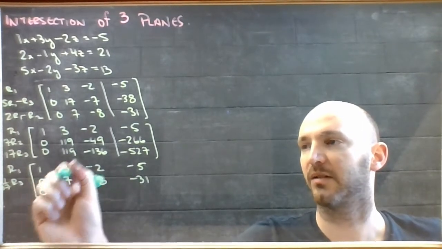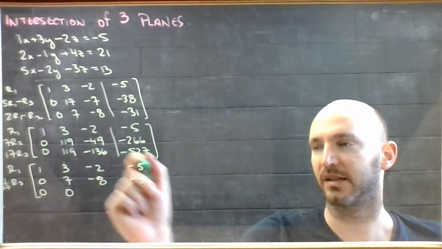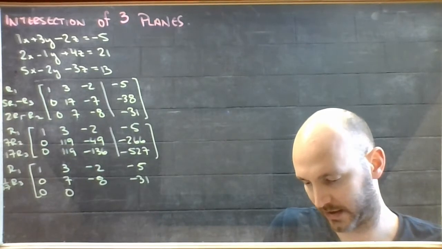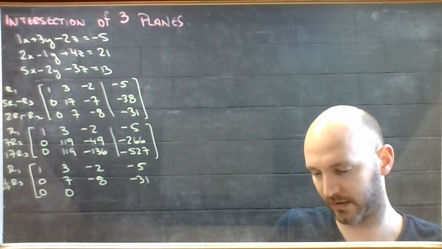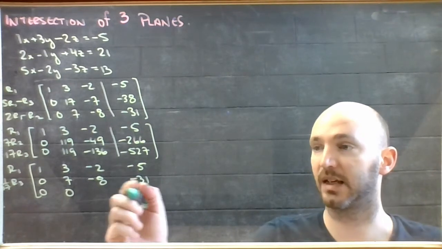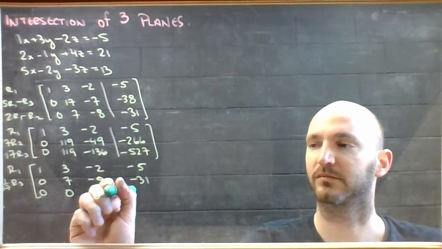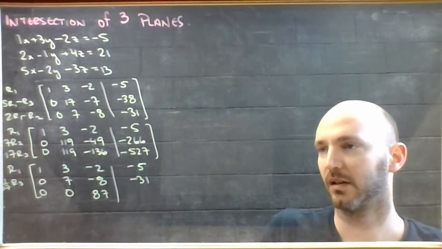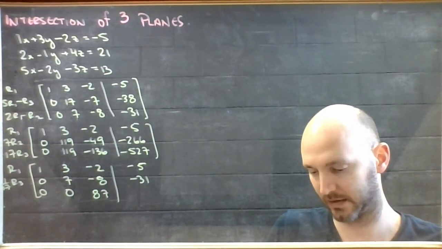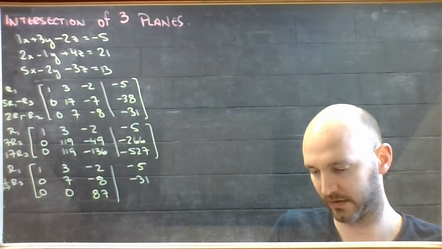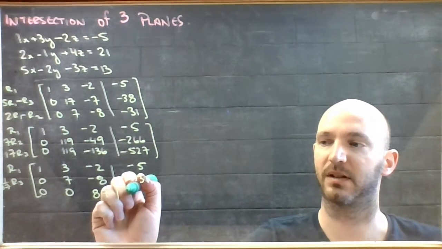0 minus 0 is 0. 119 minus 119 is gone. Negative 49 subtract negative 136 is 87. And negative 266 subtract negative 527 is 261.